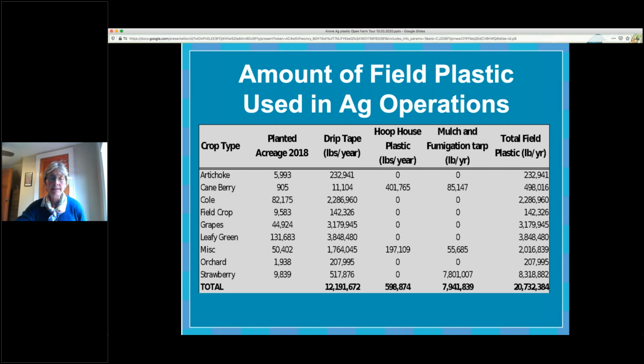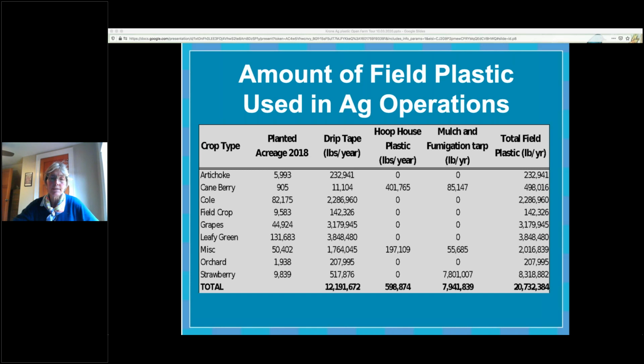And then we took UC Cooperative Extension economic studies, some of their cost studies, and reviewed each of those carefully to look at how much different kinds of plastic is used for each kind of crop. And then we simply just multiplied and came up with how much plastic is used by each crop type and for each type of field plastic.